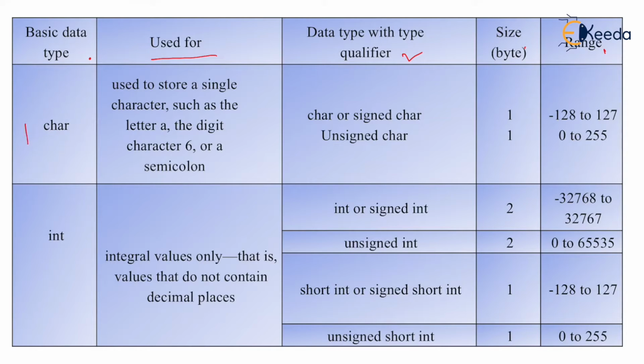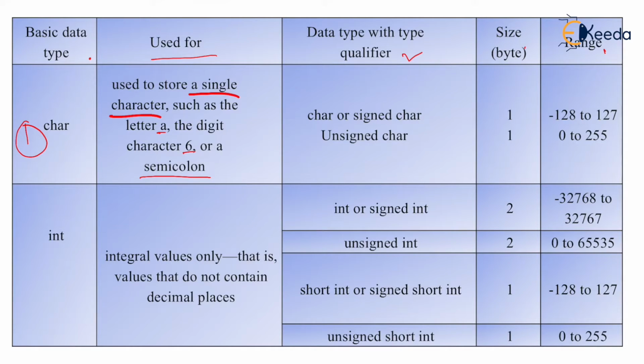The first data type we have considered is char. Char is a data type which is used to store a single character. That can be A, that can be any digit like 6, or any semicolon.